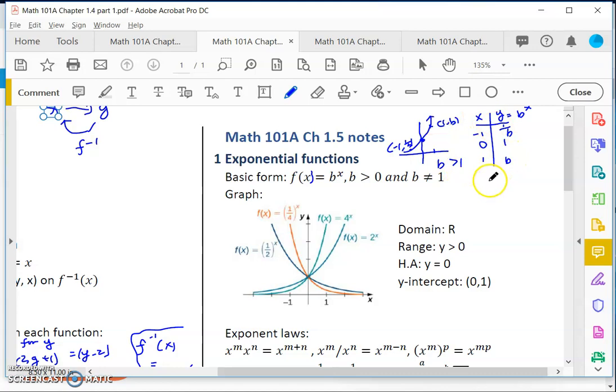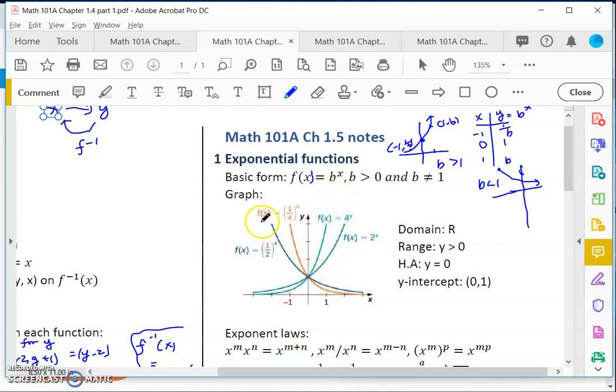Now, if b is less than 1, you would have a similar table, but because b is less than 1, your graph would look like this. So there are actually two types of graph. One goes from close to 0 on the left-hand side and then rises up through 0, 1 exponentially.